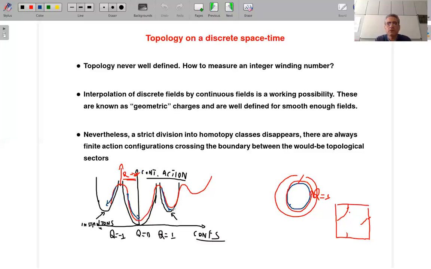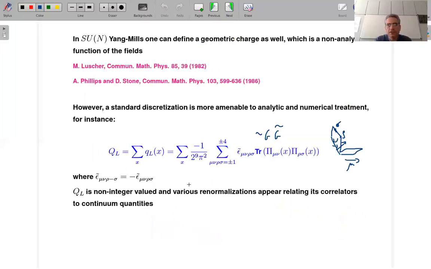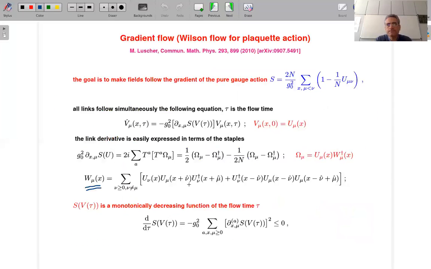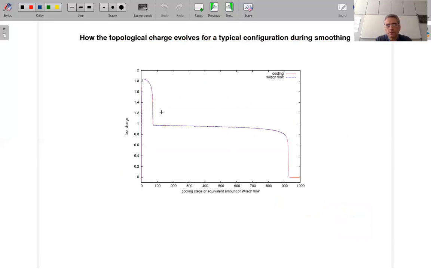Now, when you go to the continuum limit, these two scales are well separated. And that means basically that you can eliminate the ultraviolet fluctuations, and this plateau is better and better defined. So we expect that the whole procedure becomes exact in the continuum limit.